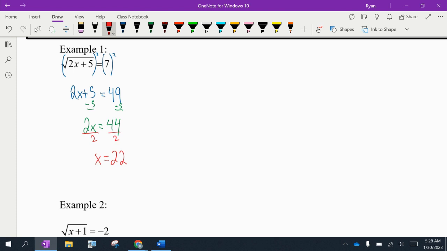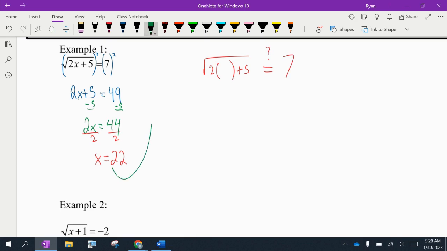Now, normally at this point, I would box my answer, say, great, I'm correct, it's time to move on, but you have to check your answers for these problems because, again, sometimes you'll do everything correct and it just doesn't work. So I'll go back to the original. It says the square root of 2x plus 5 equals 7?